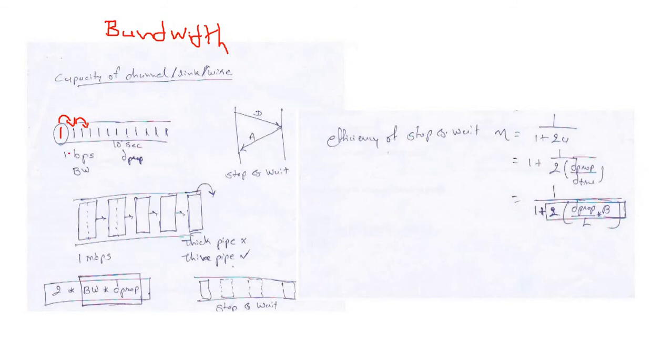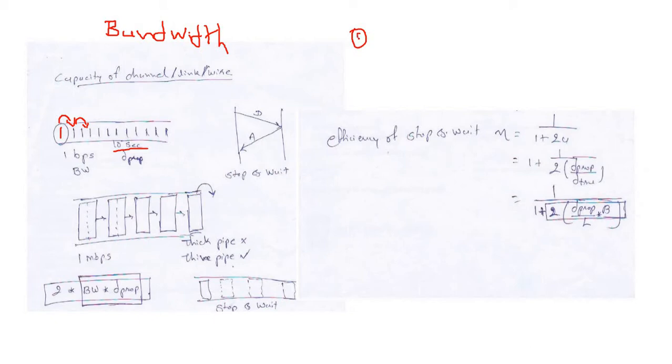At the third second we are transmitting the third bit, at the fourth second the fourth bit, at the fifth second the fifth bit. Suppose we have a time of 10 seconds. Within 10 seconds we are able to send 10 bits. That is the meaning of bandwidth. Now this time duration we will consider as the propagation time. There is a little variation between transmission time and propagation time, which we discussed during the delay.